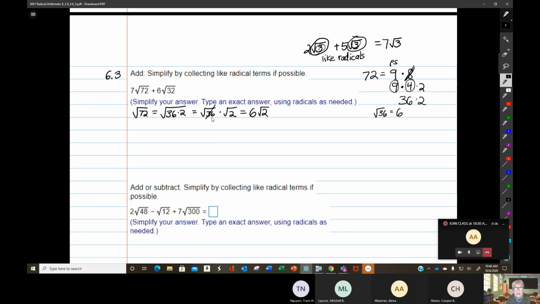Now let's look at 32 and do the same thing. I am most familiar with using 32 equals 8 times 4.